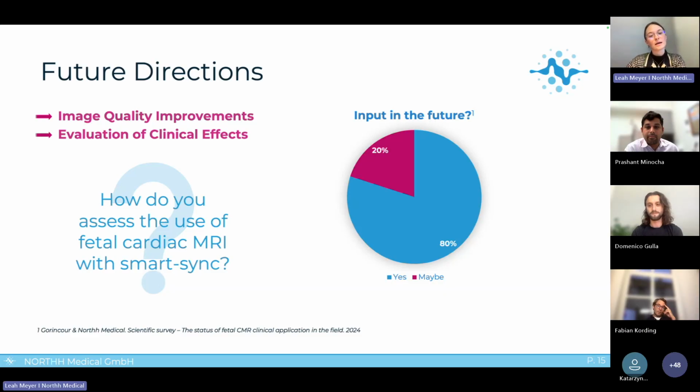Do you see fetal cardiac MRI only as a research tool, only research but willing to use it for diagnostics in the future, only in specific cases, or even as a standard clinical examination? I'm waiting for some answers, but it's great to see, and what of course we also believe in, fetal CMR as a standard clinical examination, which can add very important complementary information next to echo.